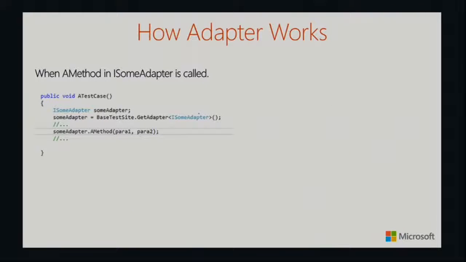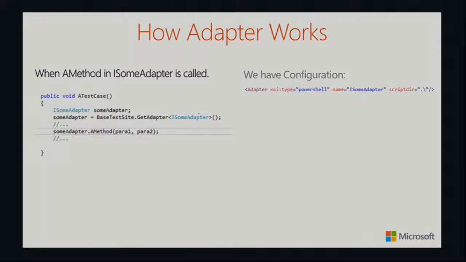So how does the adapter work? For example, I have some code, and I defined a method called a method in a test case, and the test case is using the sum adapter. Sum adapter is the adapter name. So a method takes two parameters.